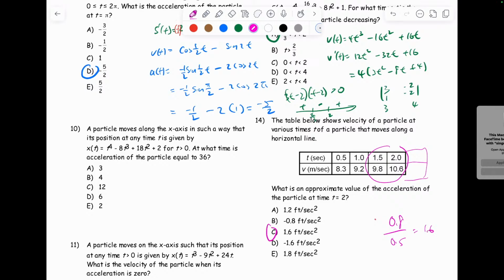So C. I can only do it with those 2 points because they're closest to 2. I don't want it between 0.5 and 2 because it's too far. I want the 2 closest points, because I cannot take a derivative. The best way is to find slope. Slope is an approximation of the derivative. But this is a table, so you can't really take a derivative, but you can take a slope. Next question.